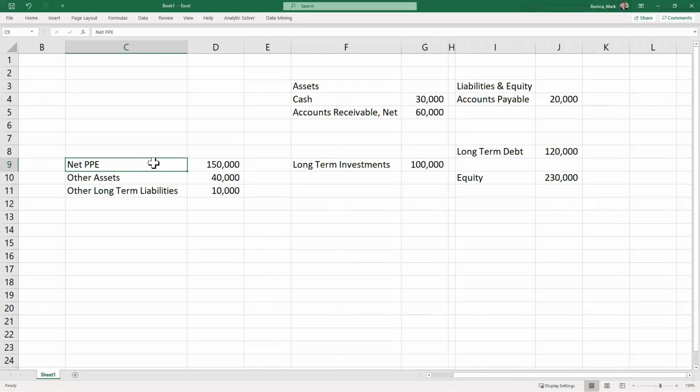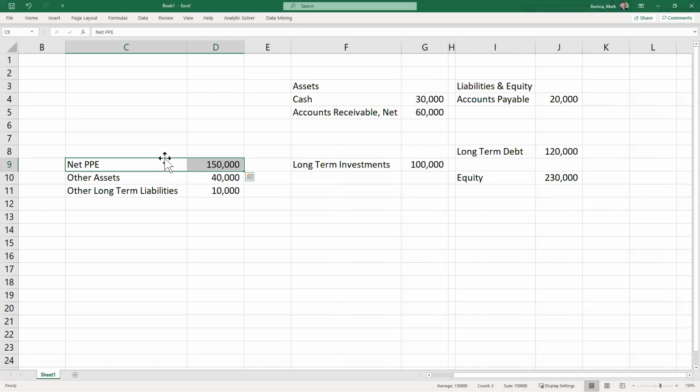Net PPE. Your book actually lists it as net property and equipment, but I'm calling it net property, plant, and equipment. That's my shorthand. Property, plant, and equipment refers to the physical stuff that the organization has. This would be your buildings, your vehicles, all your equipment, anything that is going to last more than a year, right?